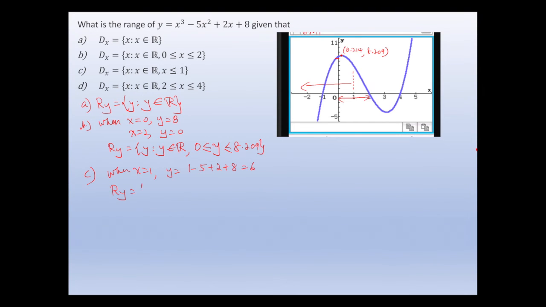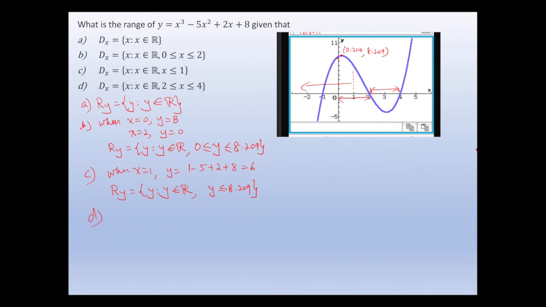So therefore, it is less than the maximum turning point value, which is 8.209. So in this case, the range of y is such that y is a member of the real numbers, and y is less than or equal to 8.209. So anything below that fits in the domain.